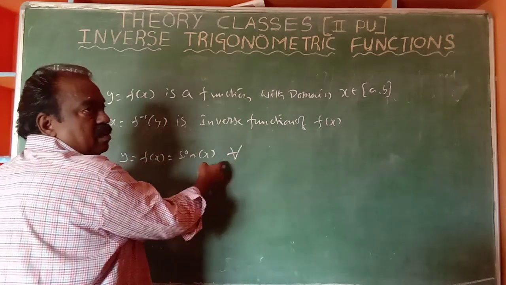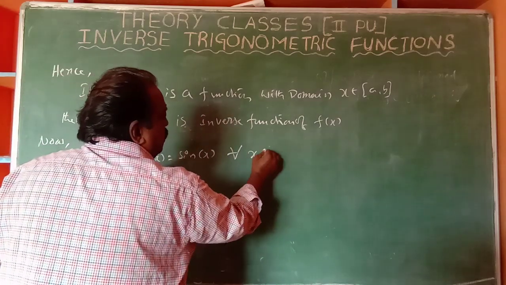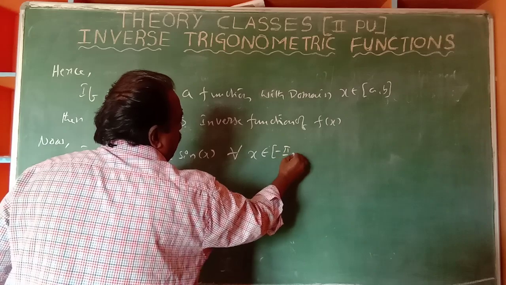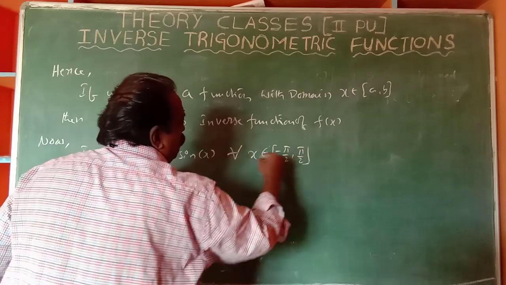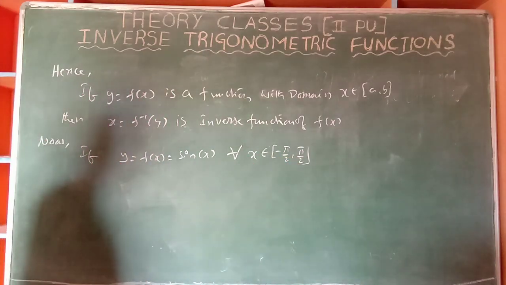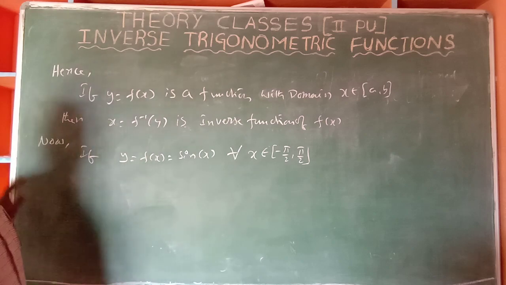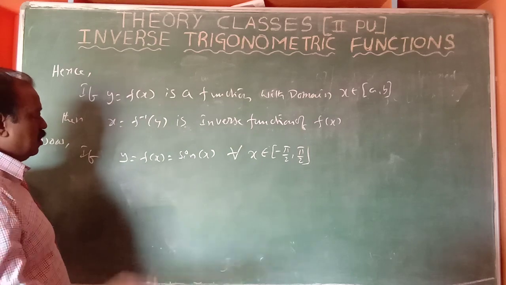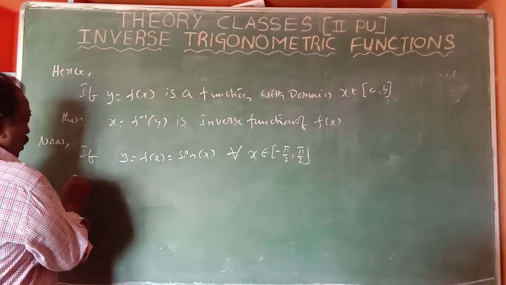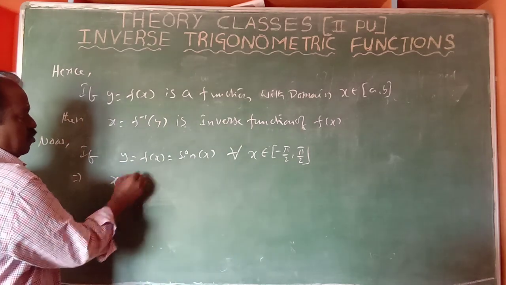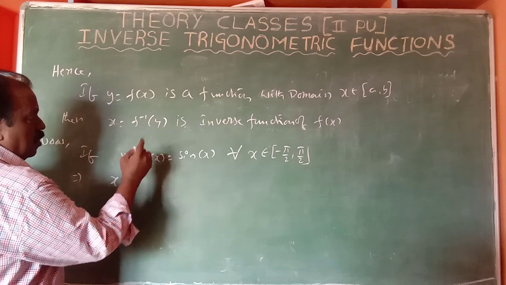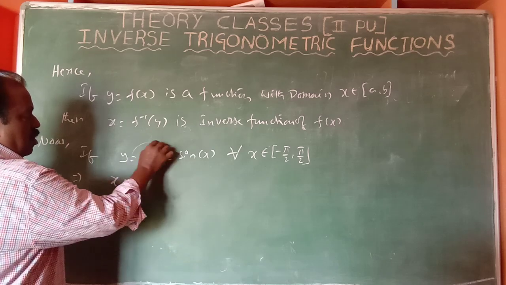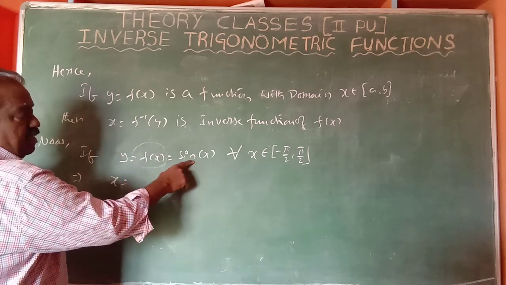Where x belongs to minus pi by 2 comma pi by 2. It is a principal angle sector. Now you see, y is equal to sin x directly.